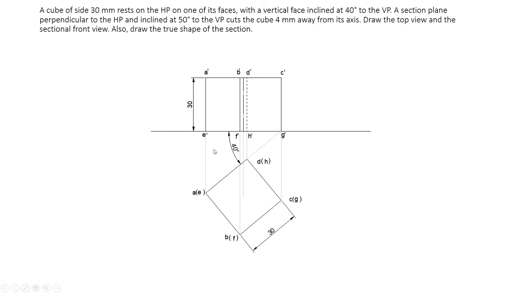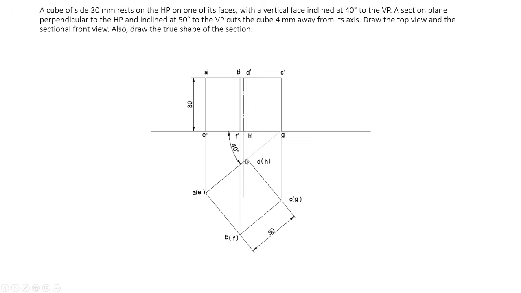Now in this, this point will be A dash, this is B dash, C dash and D dash, and also here this is E dash, F dash, G dash and H dash. Now in this diagram, one line will be invisible because the edge which is coming behind will be invisible.